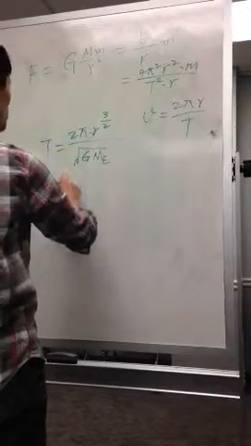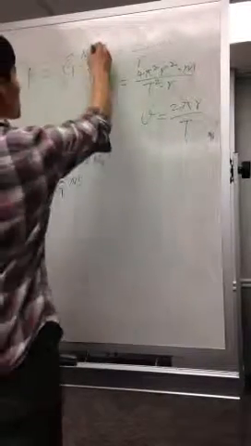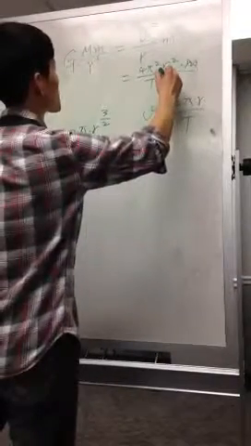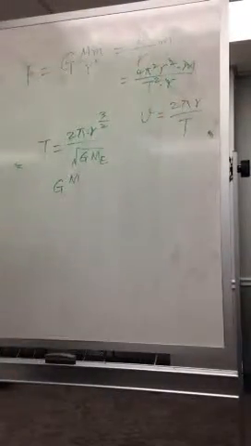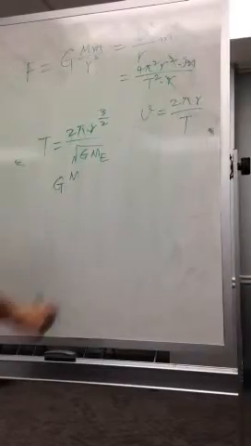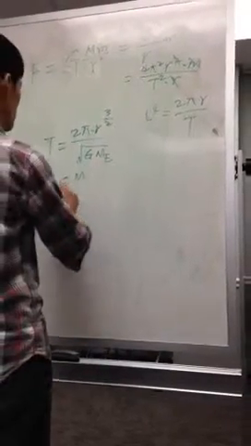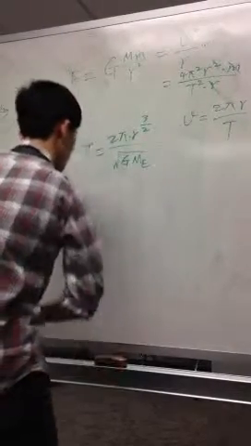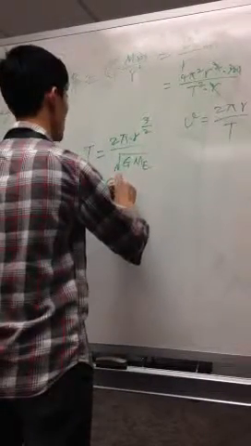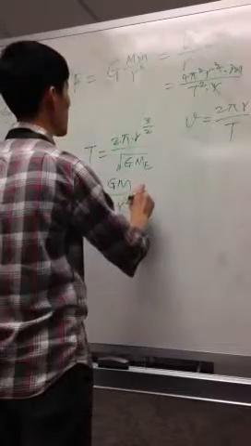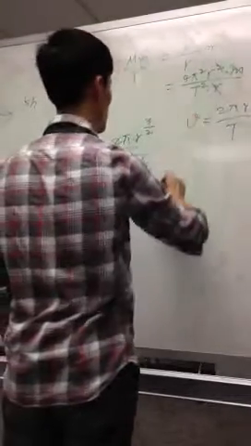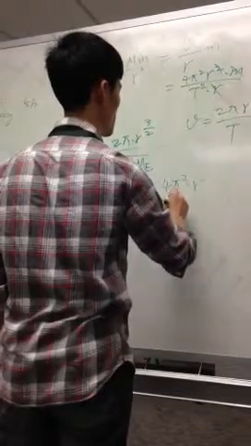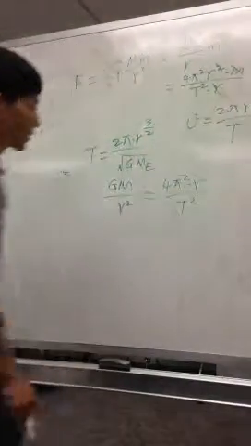You can cancel this m, right? You can cancel this r, right? It's GM divided by r squared is equal to 4 pi squared times r divided by T squared.